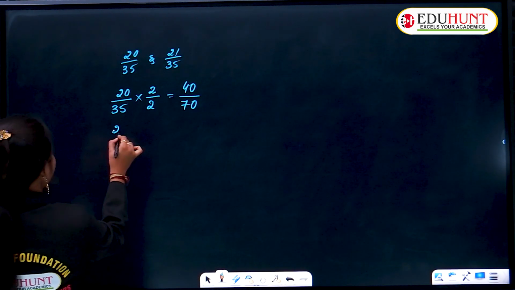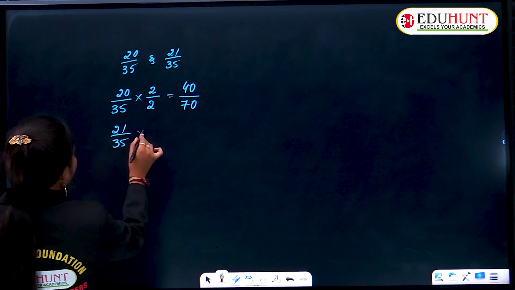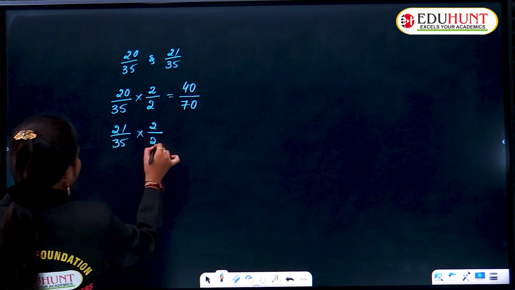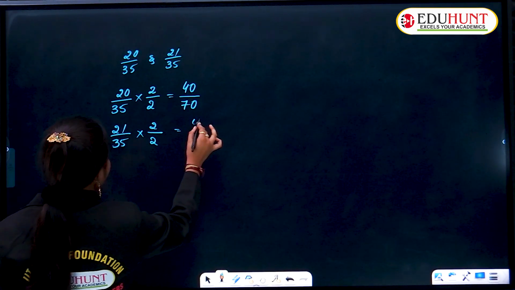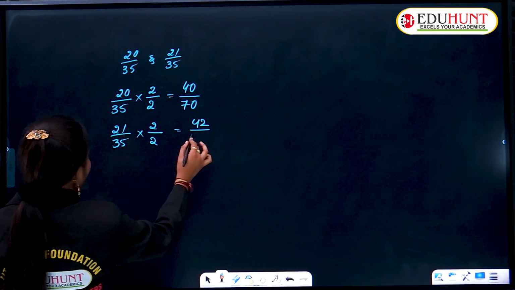In the same way for 21 by 35, I multiply both numerator and denominator by 2. 21 twos are 42, and 35 twos are 70.